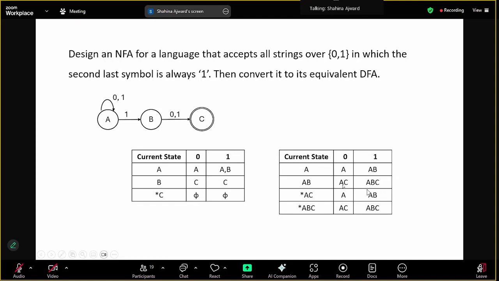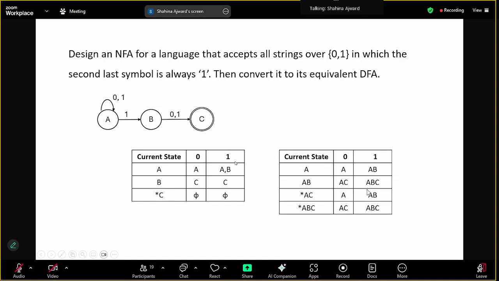So we write AC here and check how it works, right? AC means you have to check from A and C, right? For A, it is A. For C, it's nowhere. So the final answer is A, right?